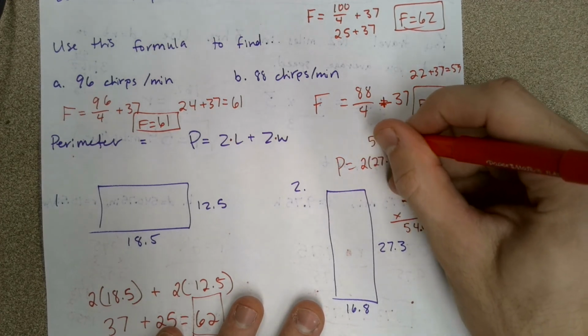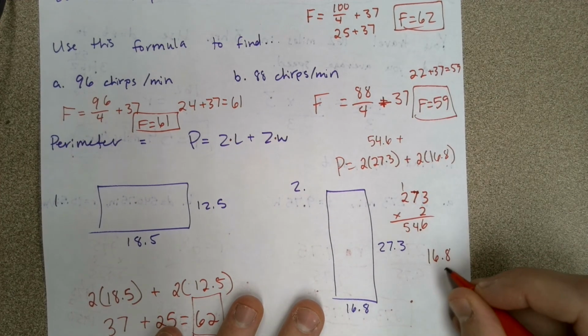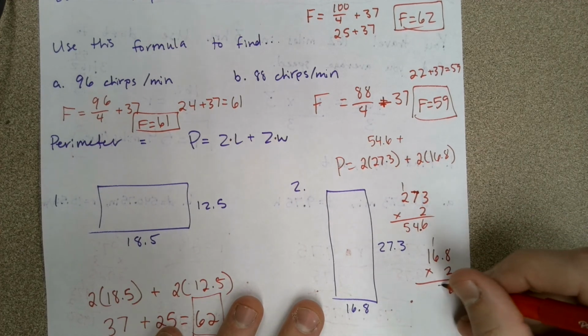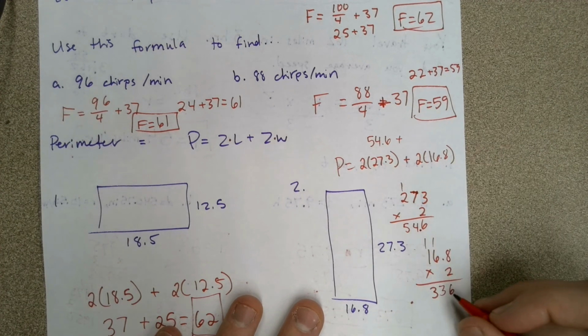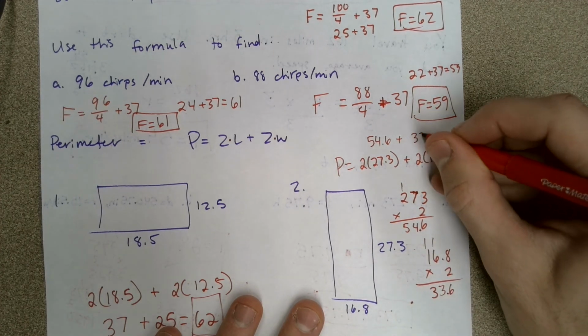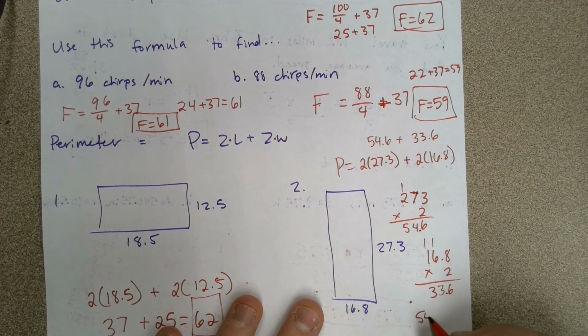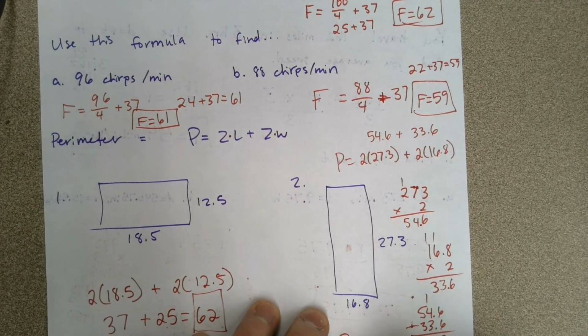This is equal to 54.6 plus 16.8 times 2, 6, carry the 1, 12, 13, carry the 1, 2, 3. I have one decimal point, put that in there. 33.6, those are going to add up together to be 54.6 plus 33.6, 88.2 is going to be our perimeter.